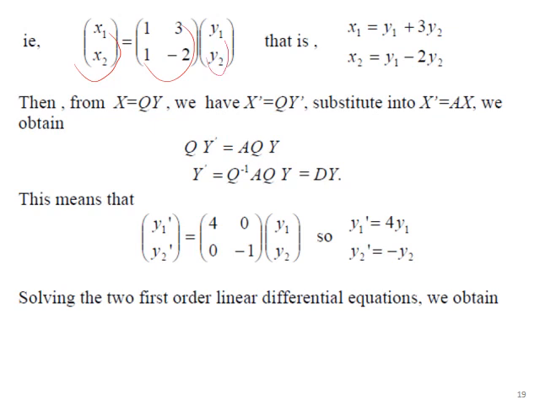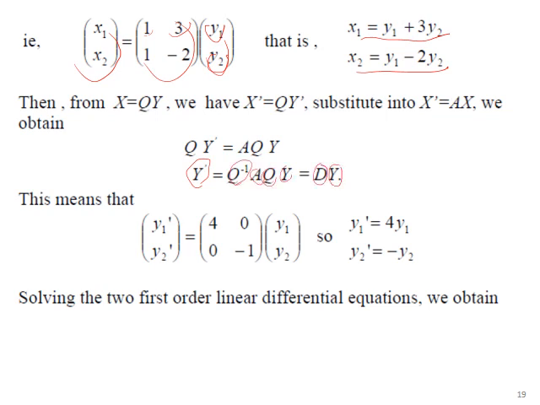So x1 equals 1 times y1 plus 3 times y2. I put here the first equation, I did the same thing for the second equation. Okay, I have the X equations. Now we have, as I mentioned, Y dash equals Q inverse A Q Y, which is DY.